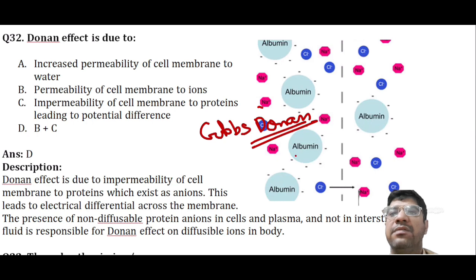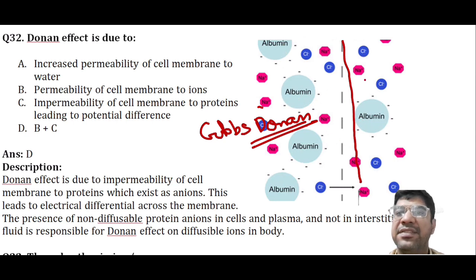So think of the cell as one room and the extracellular space, that is outside the cell, as another room. These rooms are separated by a barrier that allows only certain things to pass.